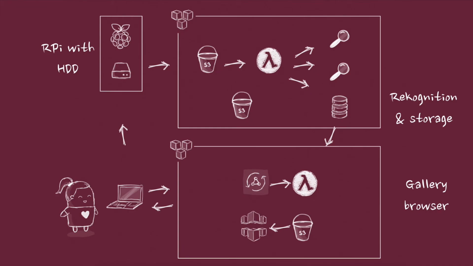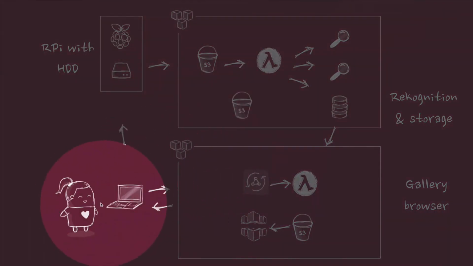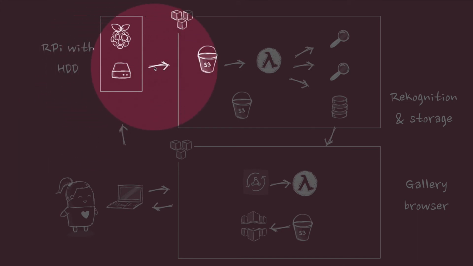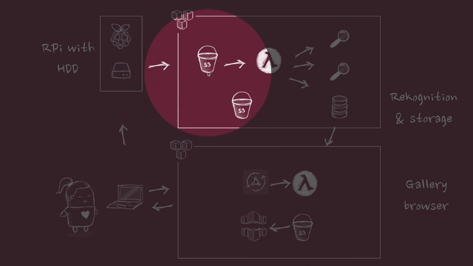And because everyone loves architecture diagrams, here's one I made. We copy the files on Raspberry Pi, raw files go into Deep Archive, and the preview images go into a regular S3 bucket.